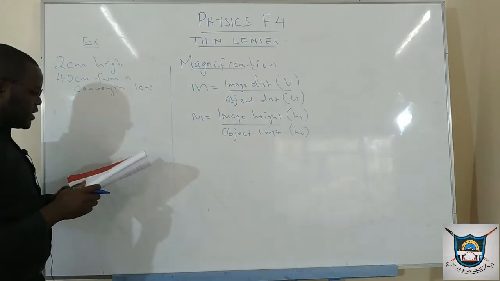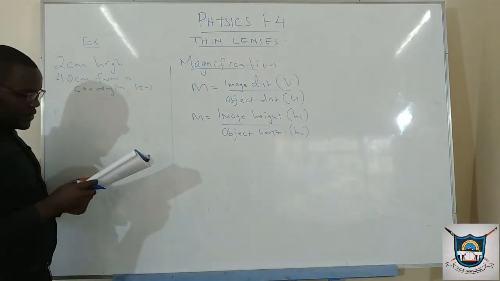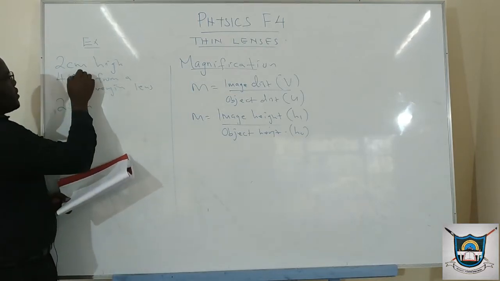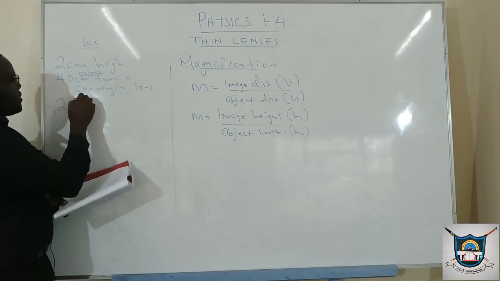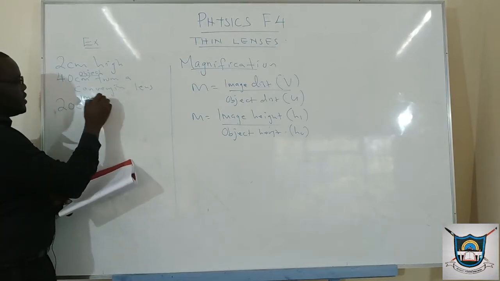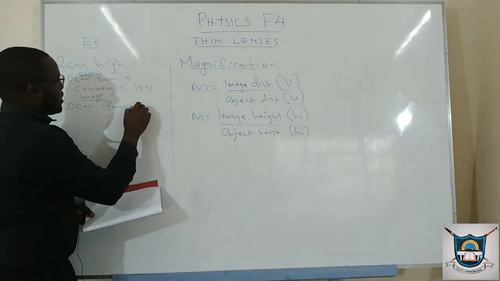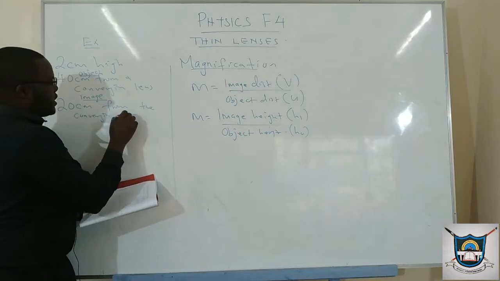Next, we are told that its image is formed 20 centimeters from the converging lens.